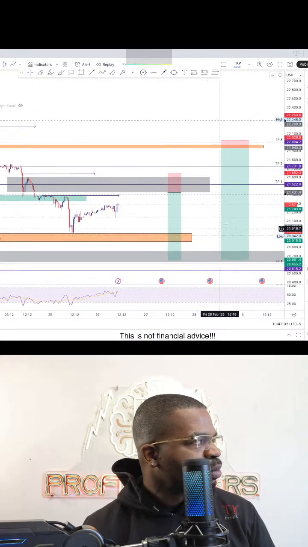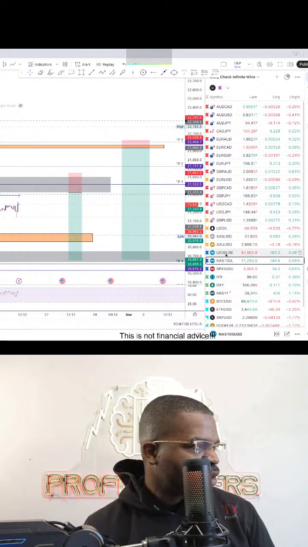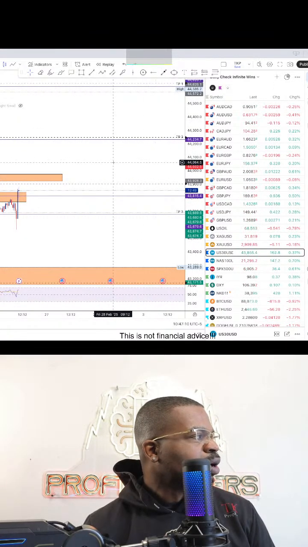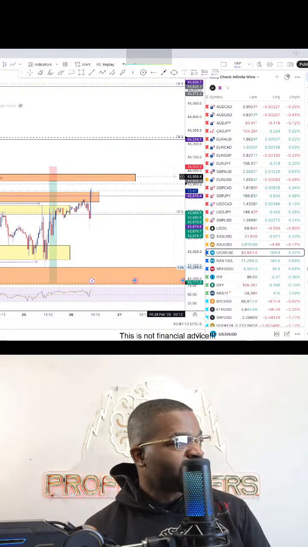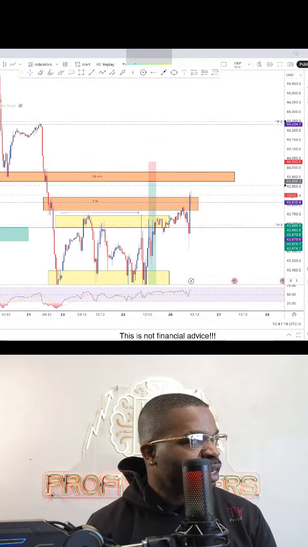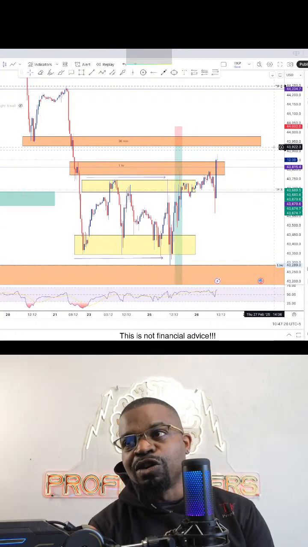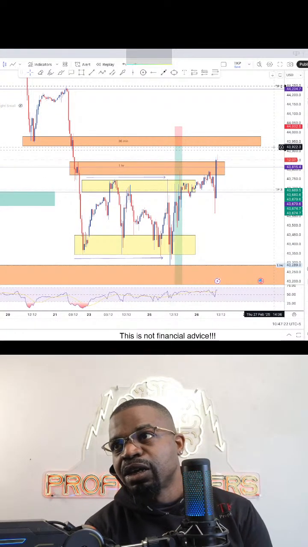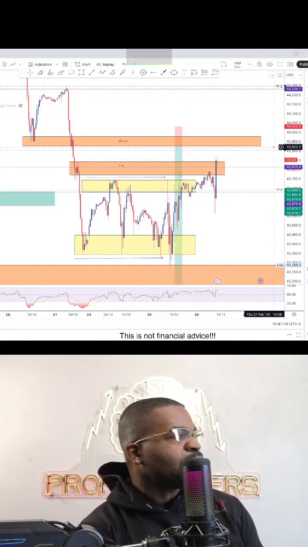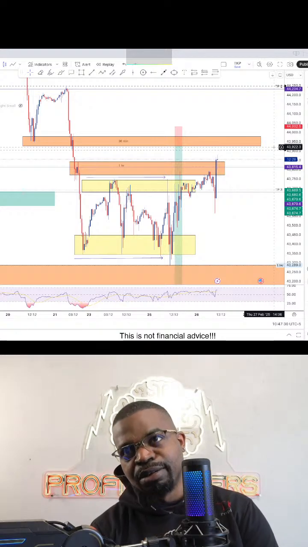Okay, cool. Damn. So this is really the same trade setup on US 30, NASDAQ 100, and S&P 500, all using the same concept. So this is a custom time frame. This is the 36 minute, okay?